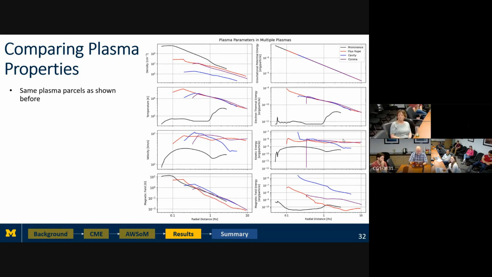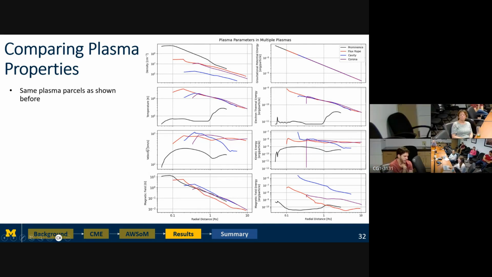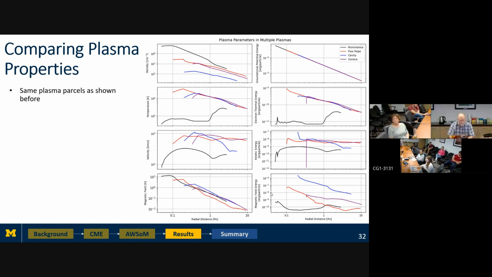And hopefully in the room, this is all big enough to see, but we have that same radial distance on the x-axis. And then here we have density, temperature, velocity, and magnetic field. And we have gravitational potential energy, electron thermal energy, kinetic energy, and magnetic field energy, all averaged per particle. And all the colors are the same as before.